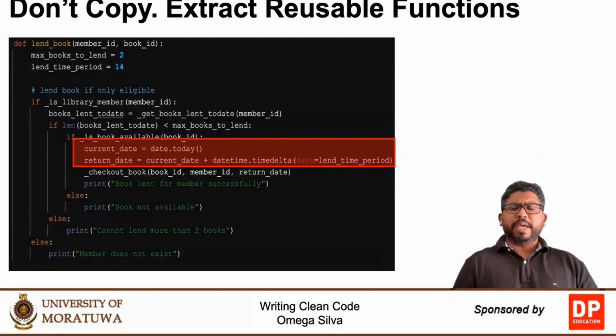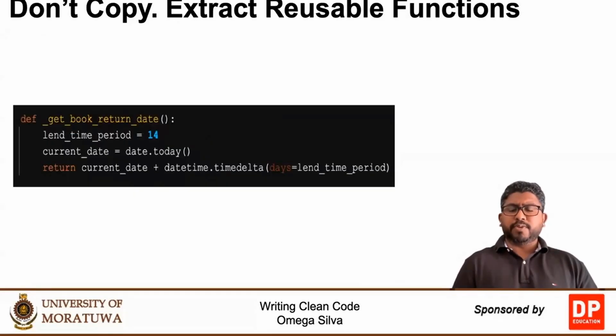So what's the proper way of reusing functions? The answer you already know. You should extract reusable functions rather than copying and pasting the piece of code. In part 2, you extracted this functionality of calculating the return logic and put it inside a very nice function which holds one responsibility, which is calculating the return date. Since this is a function, any other function which wants to get the return date calculated can simply call this.